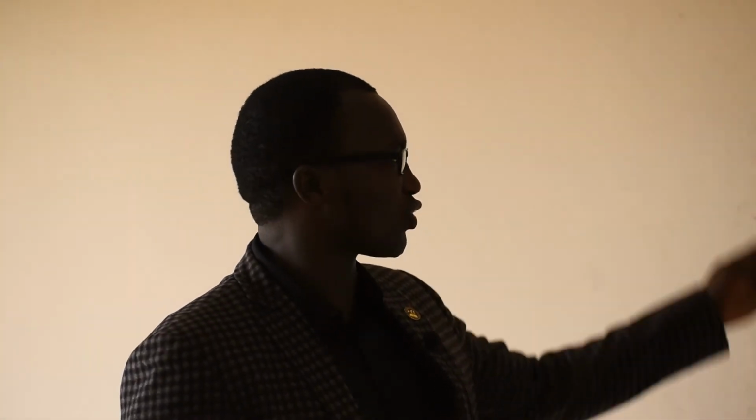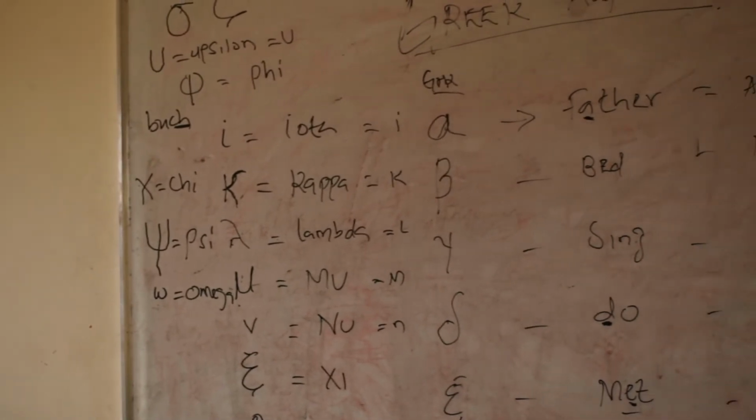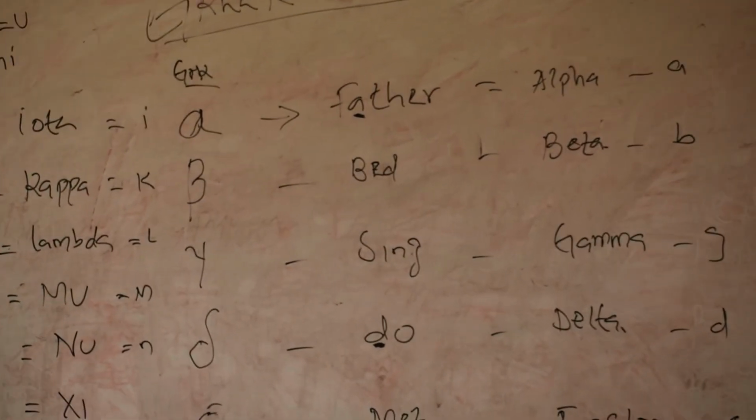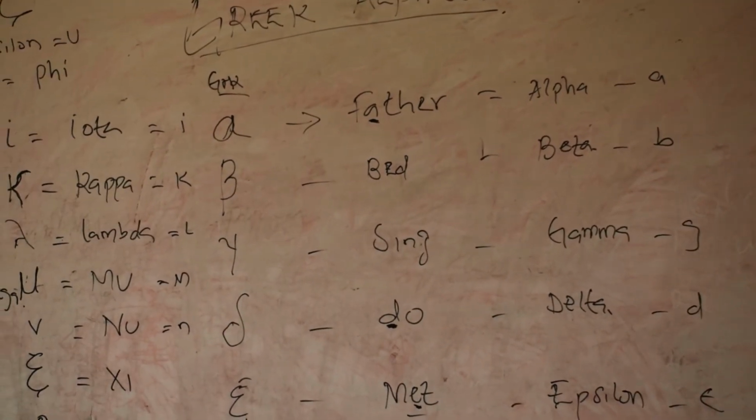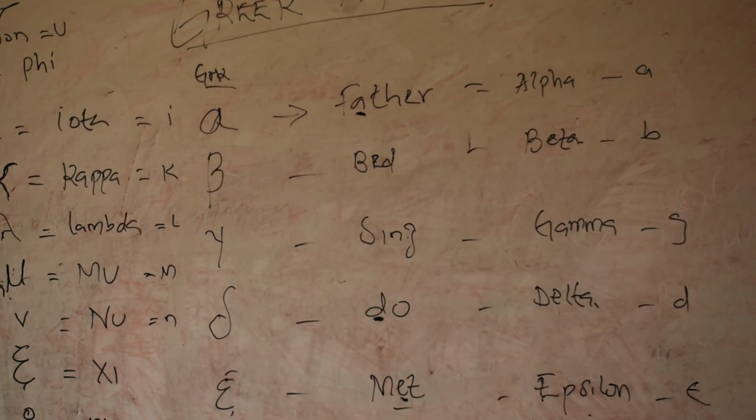I want you to go through it, so can we read it once more? The first letter is pronounced as alpha, from the word father. Beta from the word bed.